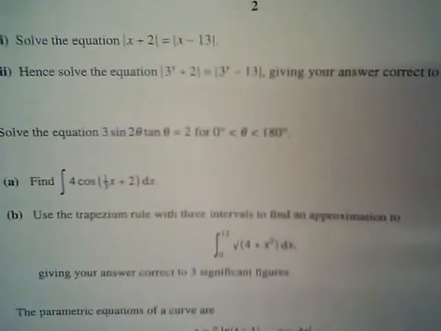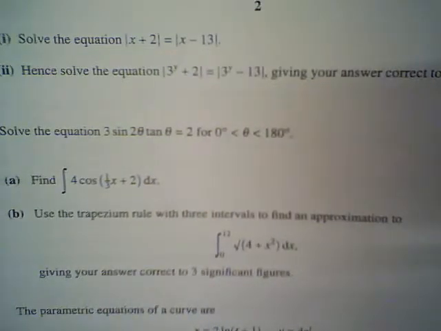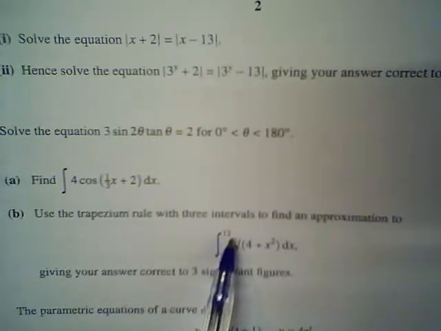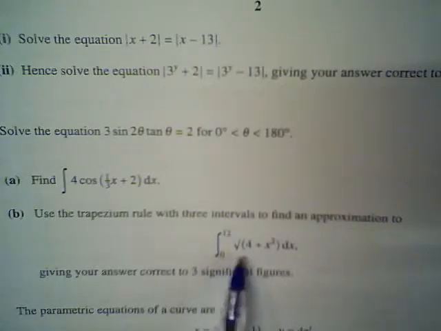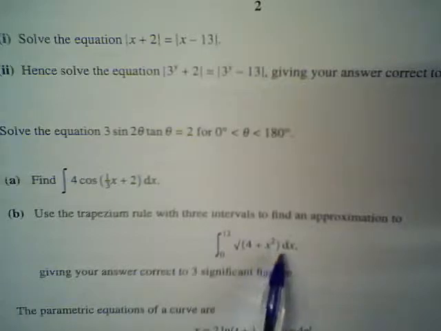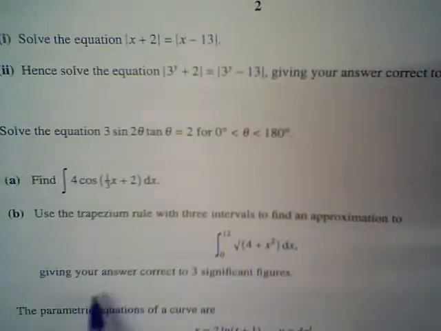Use the trapezium rule with 3 intervals to find an approximation to the integral with upper limit 12, lower limit 0, of the square root of 4 plus x squared with respect to x, giving your answer correct to 3 significant figures. Let me copy the question down.